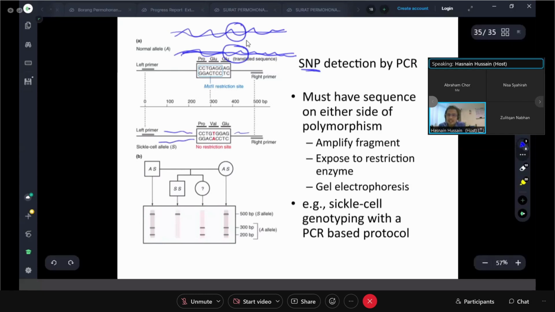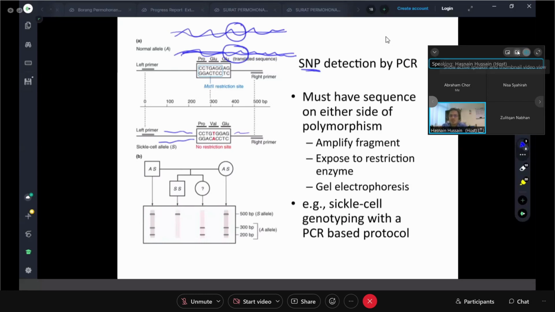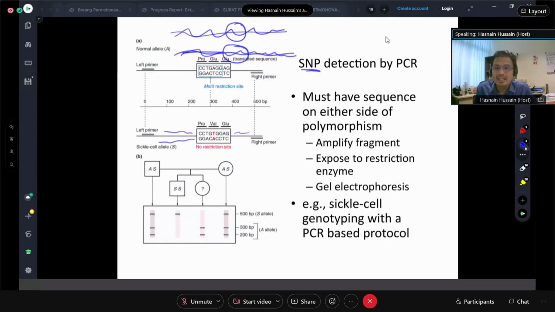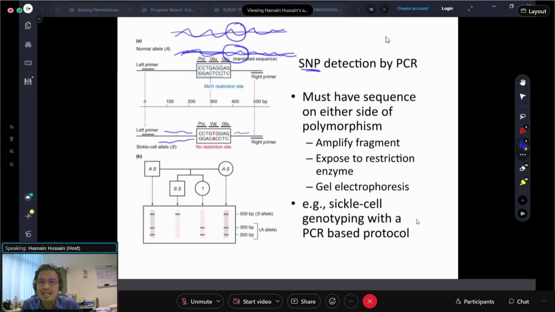So when you see this, in the chromosome of one individual, you can see in some individual, at this sequence, it has the restriction site, CCTGAGG. Okay, so this will be one restriction site. And then on another chromosome, actually there is a difference at this position.